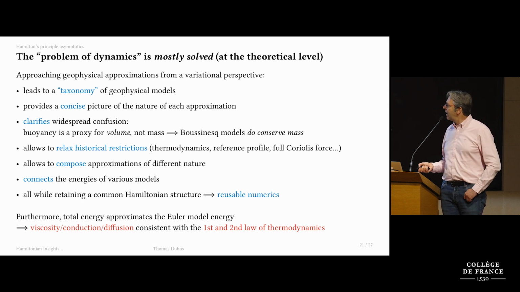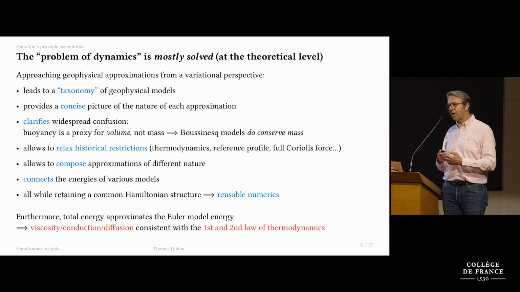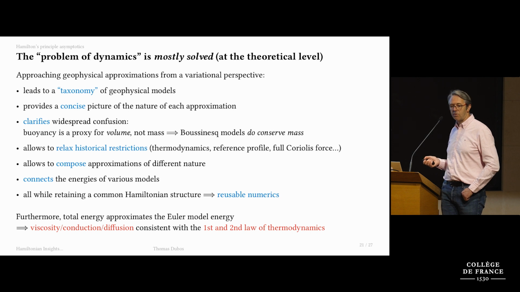So if you want to add these terms in a way that's consistent with the first and second law, it's very important that, say in a Boussinesq model, the Boussinesq energy is an approximation of the fully compressible energy, because that means also that you have a well-defined notion of temperature in your model, which is an approximation of the fully compressible temperature. And so you are able to respect properties like conductive heat flux goes from warm to cool, that are consistent with the second law.